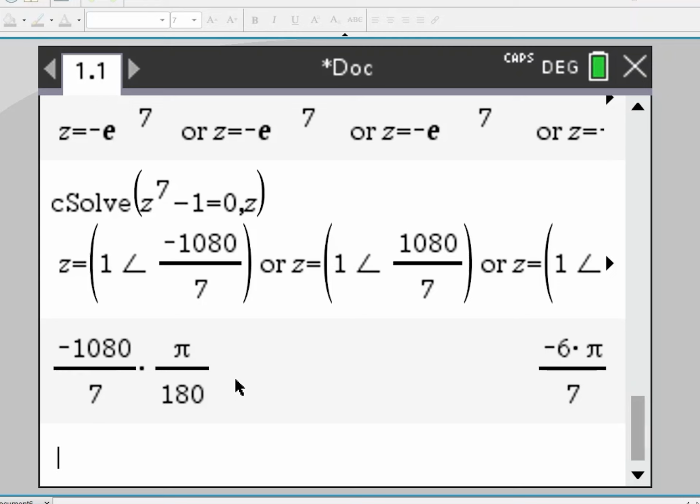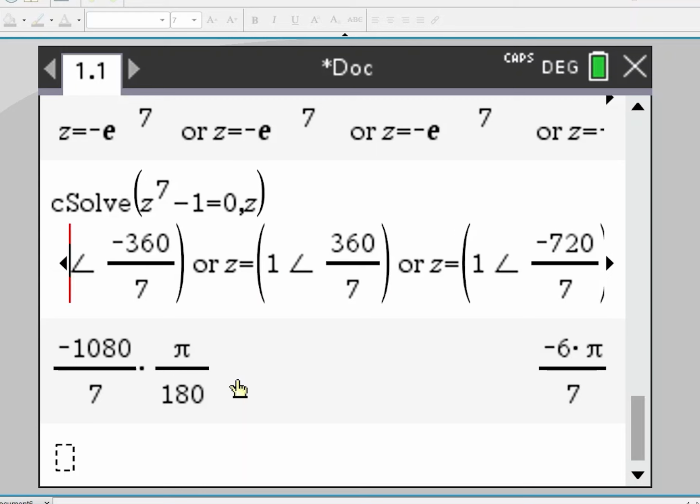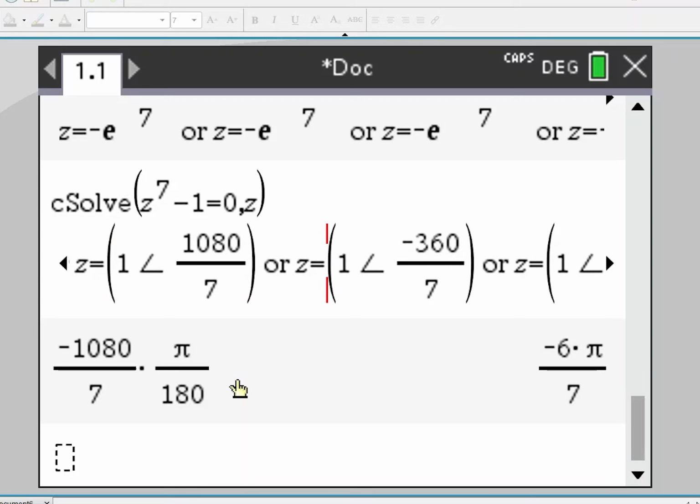Okay, so all of the roots will be 6 pi on 7, negative 6 pi on 7, and then cis negative 2 pi on 7, and cis 2 pi on 7.